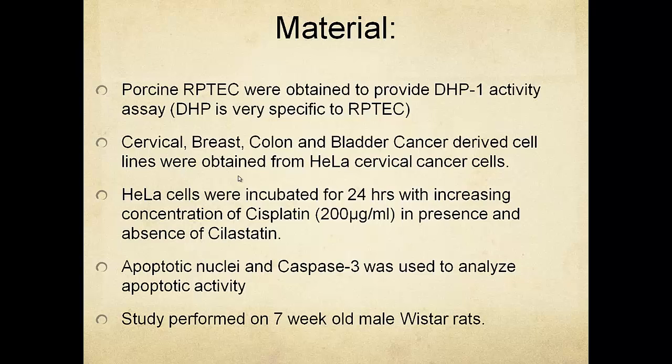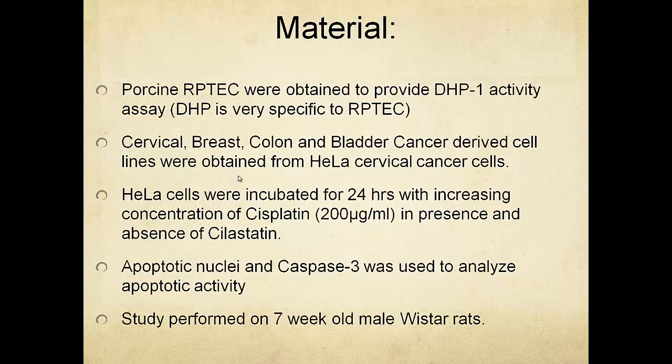The materials used were porcine RPTEC, or renal proximal tubular epithelial cells. Those were obtained to provide a DHP, dehydropeptidase 1, activity assay. And again, as we discussed, DHP is very specific to renal proximal tubular cells. Cancer-derived cell lines, such as cervical, breast, colon, and bladder cancer cells, were obtained from HeLa cervical cancer cells.